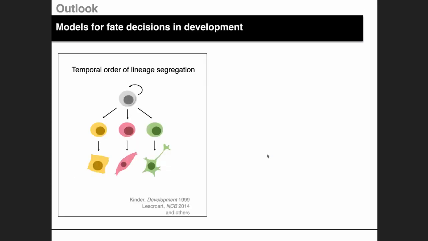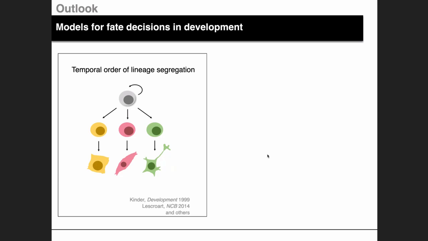And just to give you an outlook to close, I think a couple of models have been proposed for fate choices during development. The classical one has been very much influenced by morphogen gradients, where the position of a cell within the embryo really determines how much concentration of the precise signal they see, and therefore the pathway of differentiation is very linear.